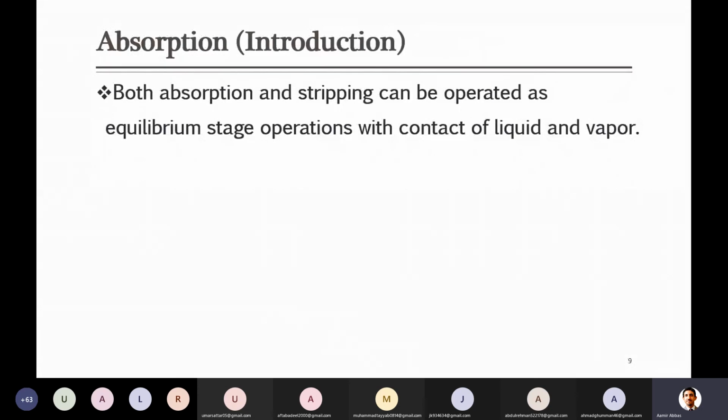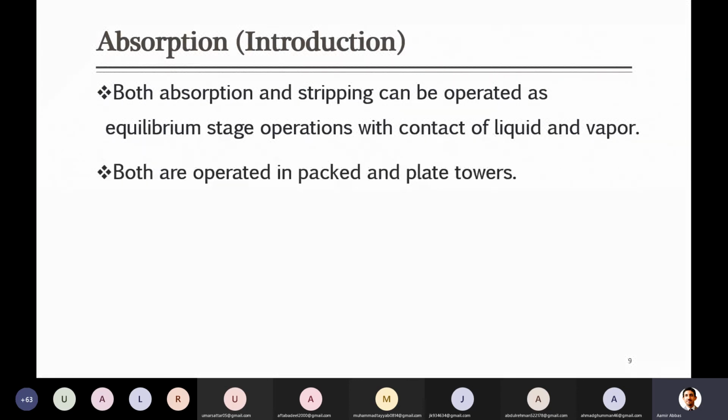As you already studied, vapor-liquid contact and equilibrium stage operation are similar to distillation, because in distillation also we bring liquid and vapor into contact and go for equilibrium stage operation.